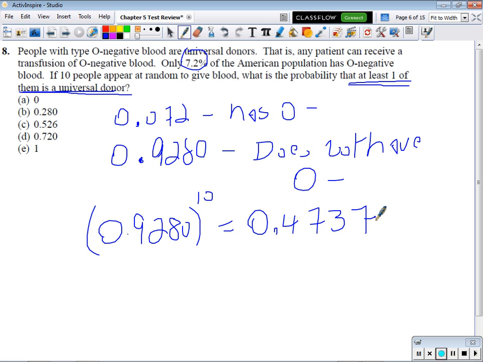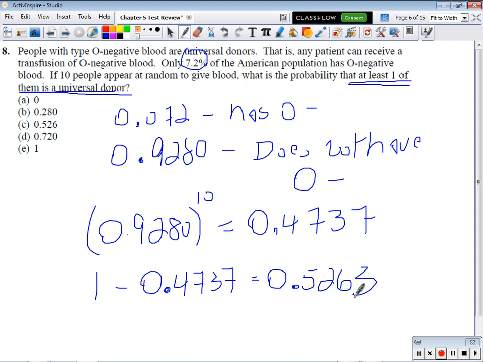So the complement that none of them have it is at least one of them have it. So if I did 1 minus 0.4737, that would give me a probability of 0.5263, and that's the probability that at least one of them have it, which makes the answer to number 8 C.